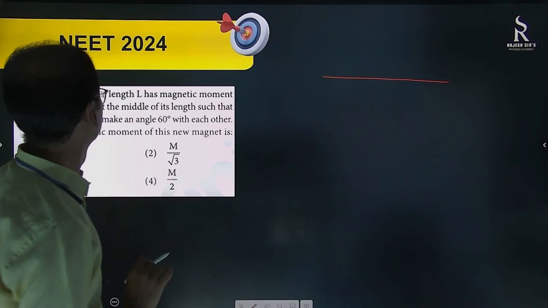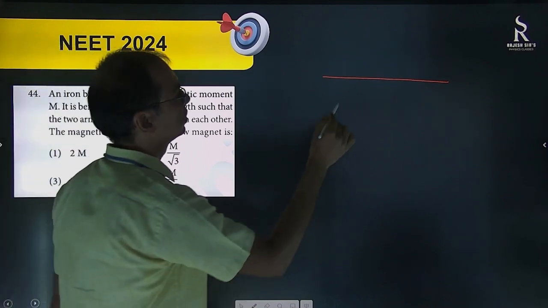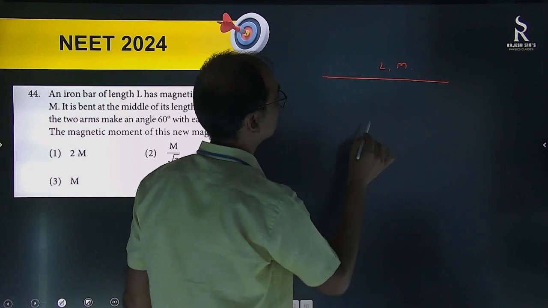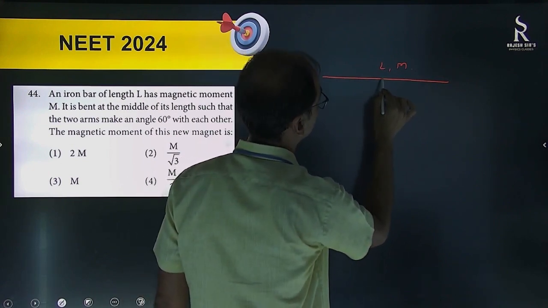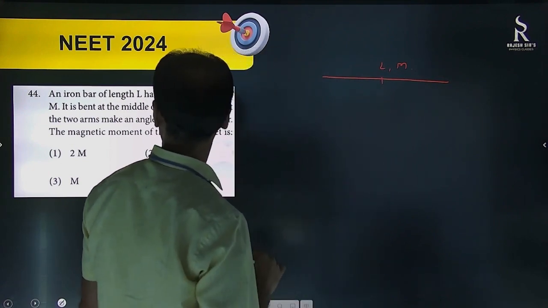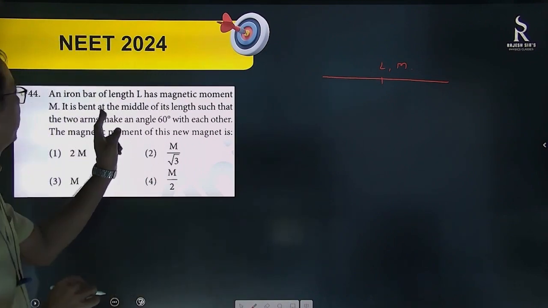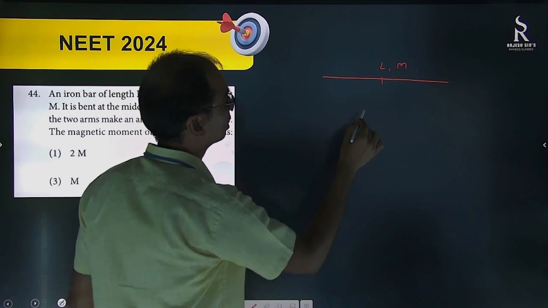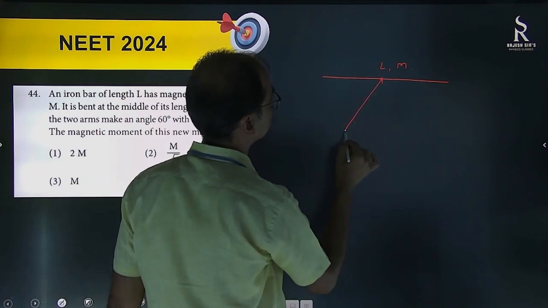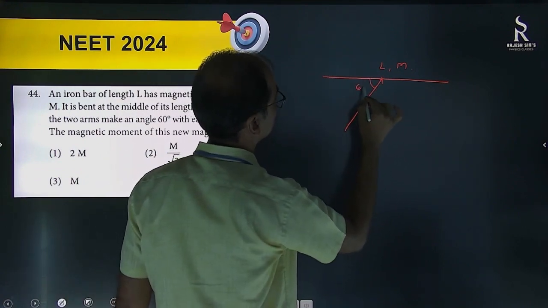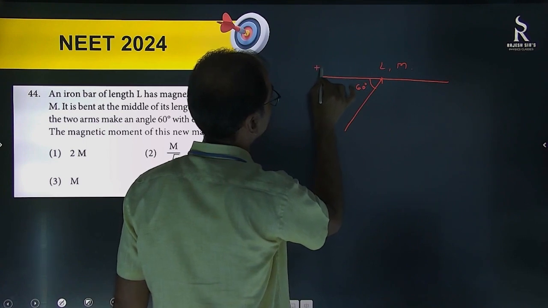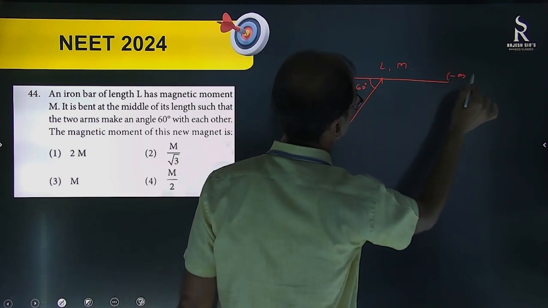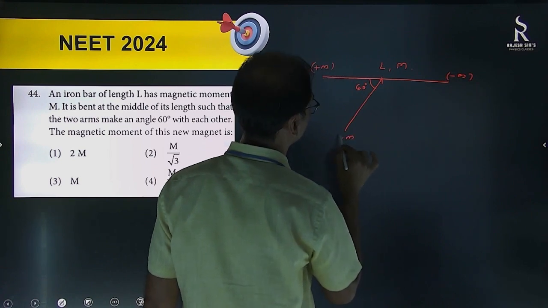Length is L and its magnetic moment is M. Now what you did is bend it from the middle so that the two arms make an angle of 60 degrees. So you bend it like this. This angle is 60. Now remember that this is positive pole strength and this is negative pole strength. So the negative pole strength came here.